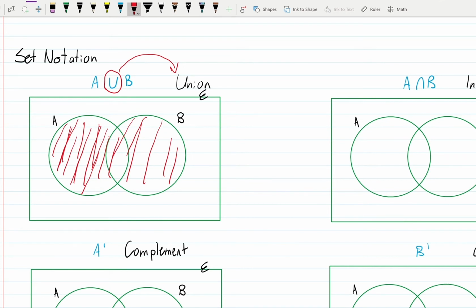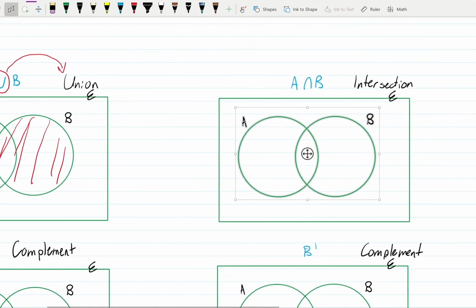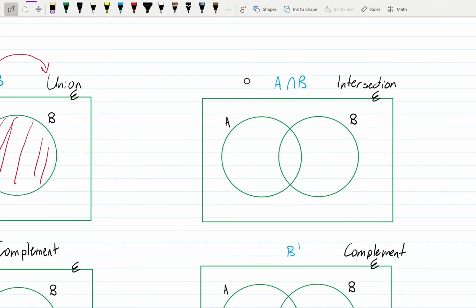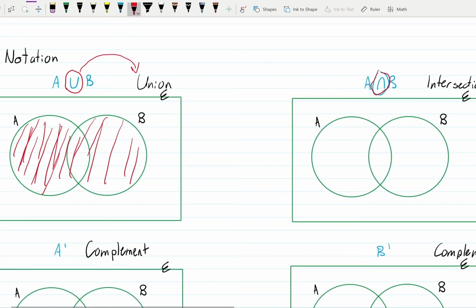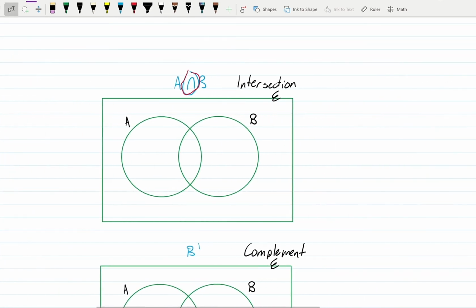So let's look at intersection. Intersection can be a little tricky sometimes. We have this character here, which looks like an upside down U, or you can say that it looks like an N. That's how I look at it. N, intersection. You could draw some relation there to help you remember things. So we would read this as A intersection B, similar to how we read this as A union B, right?